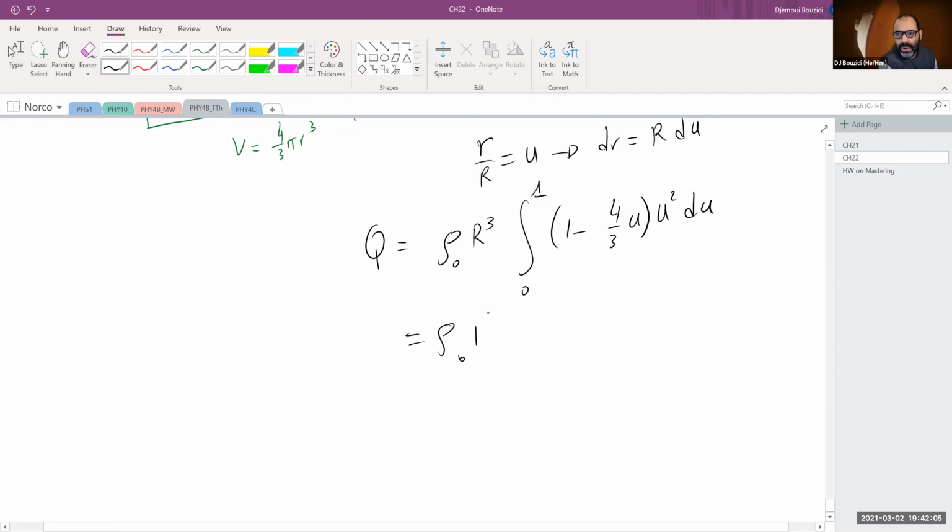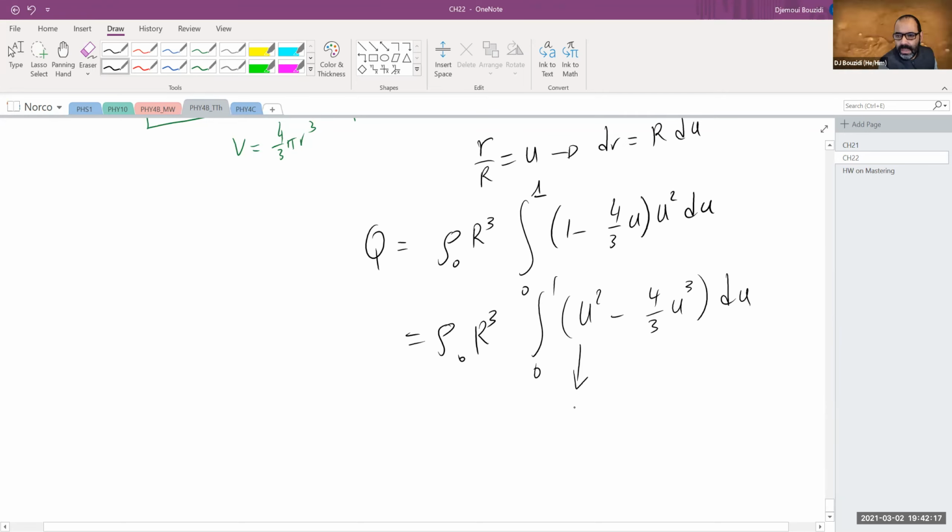It's rho naught R cubed times the integral from 0 to 1 of u squared minus 4/3 u cubed du. The integral of u squared is, can anybody help me here? What is the integral of x squared? 1/3 x cubed.